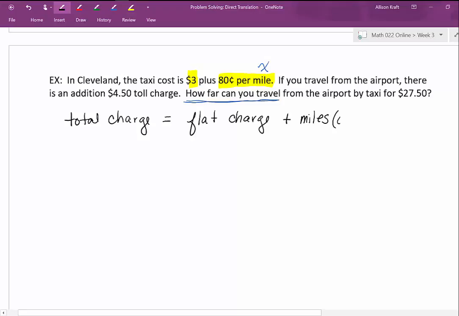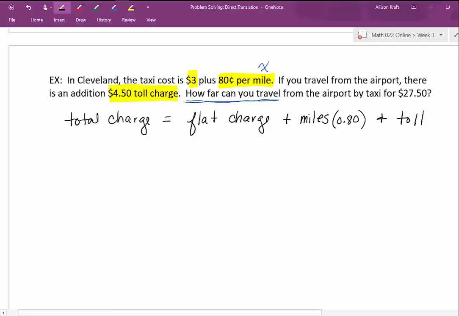We want to make sure to write 80 cents as a decimal because all of the other amounts in this problem were given in dollars, so we want to keep that unit of dollars. And then lastly, there's a $4.50 toll charge. So that needs to be included in our equation.